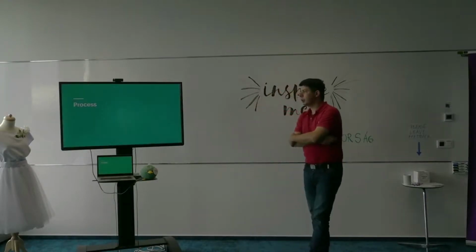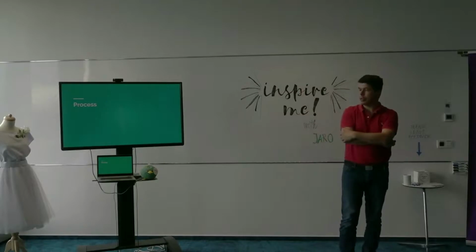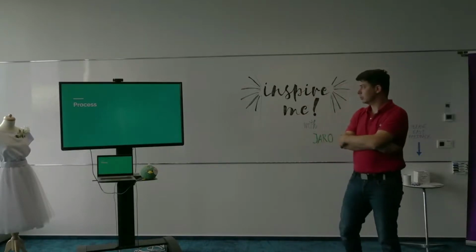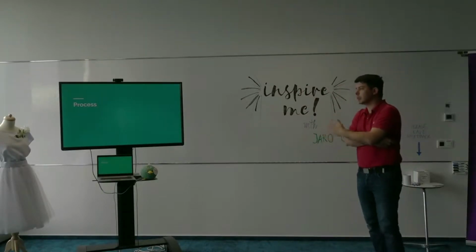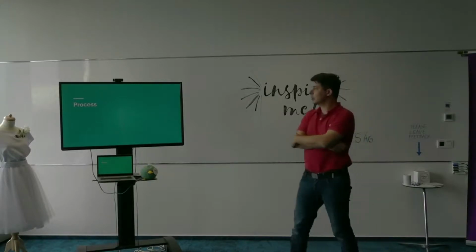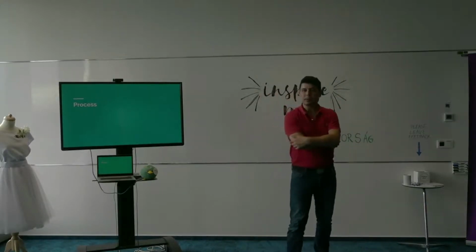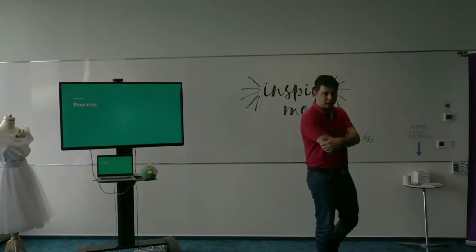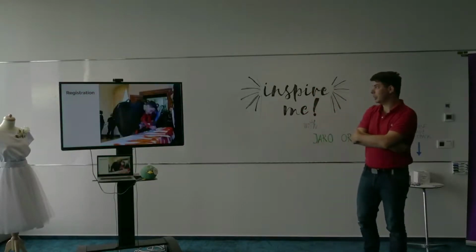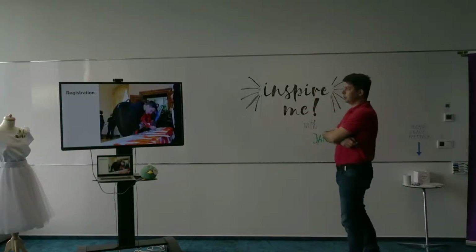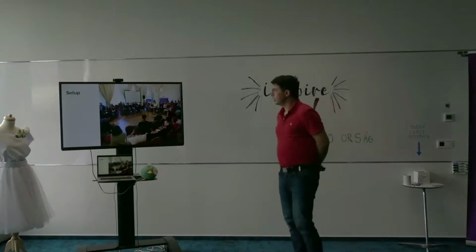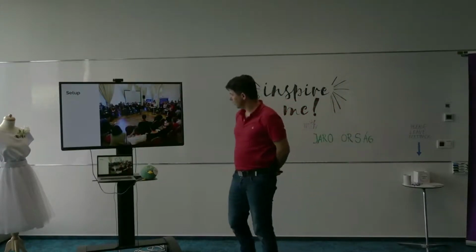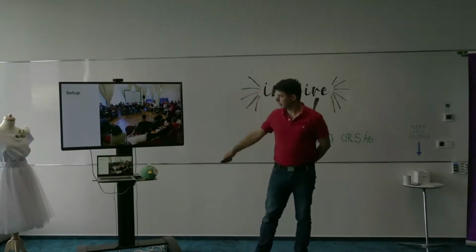So now I'm going to guide you a little bit through the process of this, let's say, unconference. And I will show you how a typical day in this unconference looks like. So at the beginning, of course, there is registration. After it, all the attendees are seated.